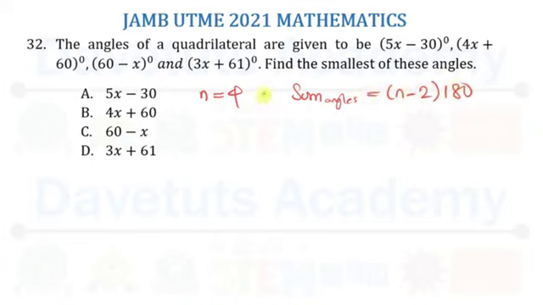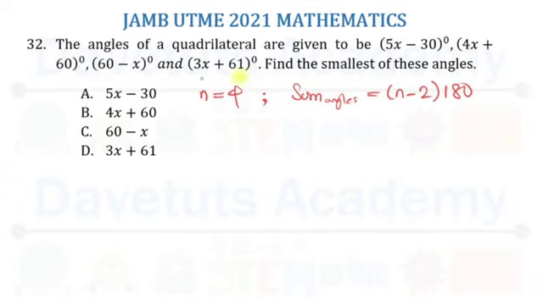In this case, we have it that n is 4, so we have 4 minus 2 times 180. That would be 360, okay? And of course, that means it's actually a quadrilateral indeed, just like a rectangle, which also has 4 sides. The sum of those angles is 360.